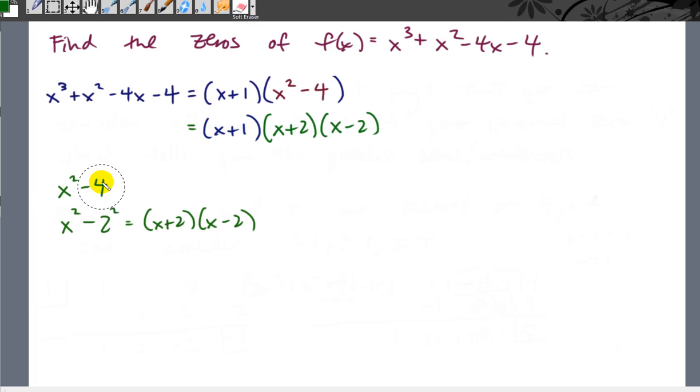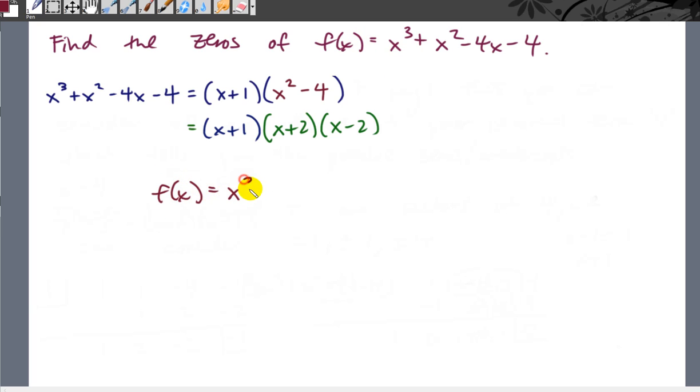Now let's see what we started off with. We started off with this function f of x equals x cubed plus x squared minus 4x minus 4. Now we can break it up into factors: x plus 1 times x plus 2 times x minus 2.